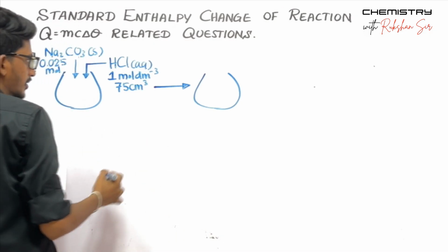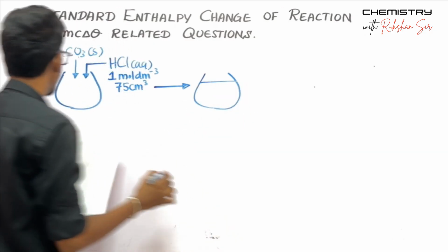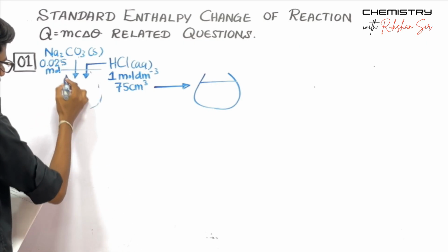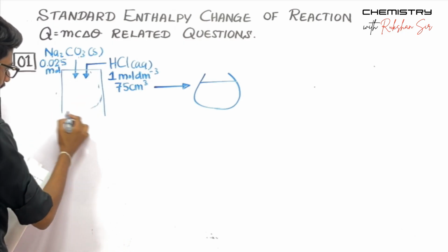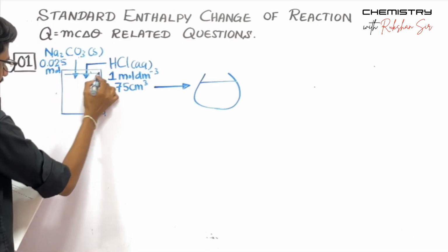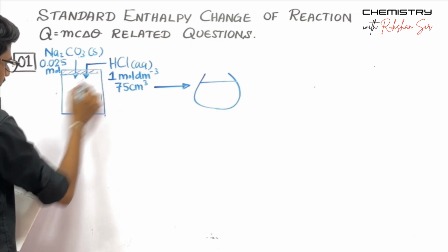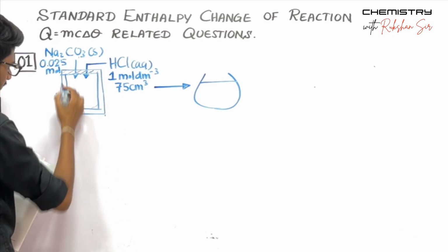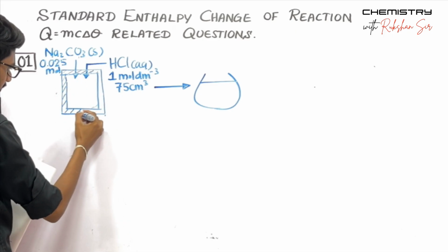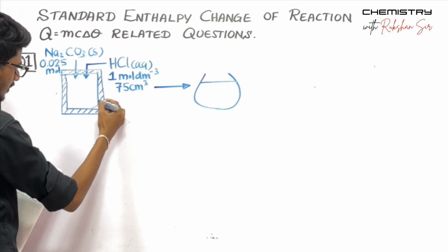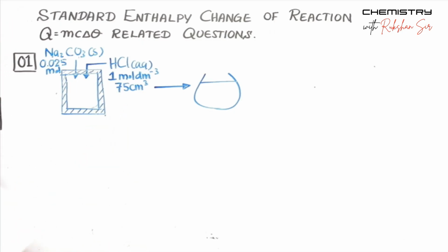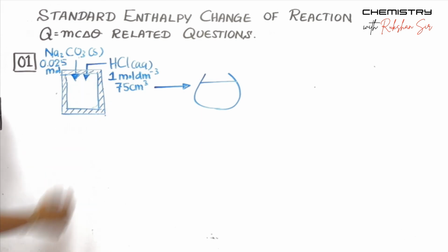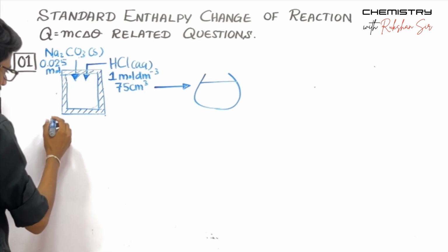Normally these thermochemistry practicals are performed inside calorimeters, which are vessels where heat loss to the environment is minimum. In calculations, we take the heat loss to the environment as zero.